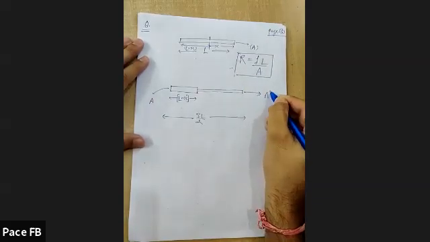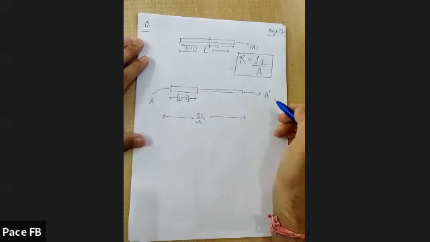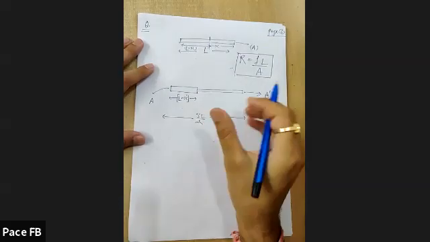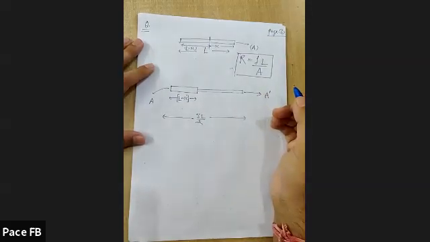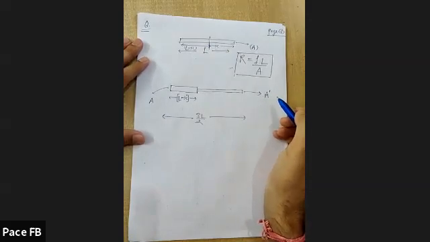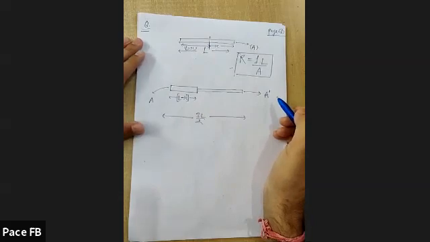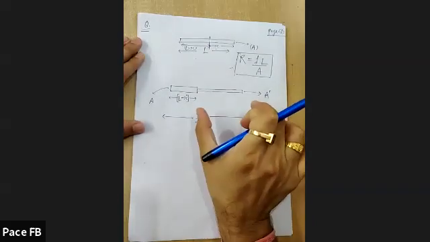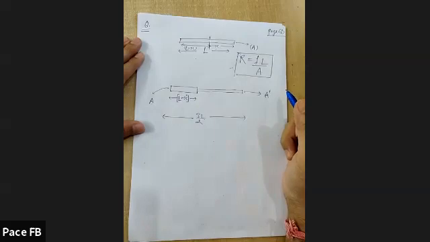It becomes, let's say, A dash. The area of the stretched part will definitely change, because if you are increasing the length, area will decrease. Now the question is how to find this new area of cross section for the stretched part. How will you find it?